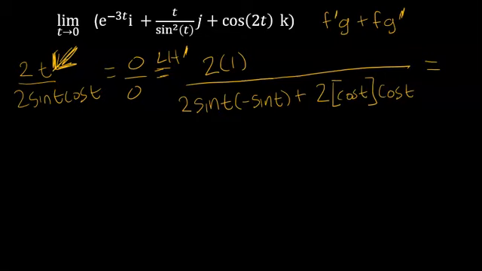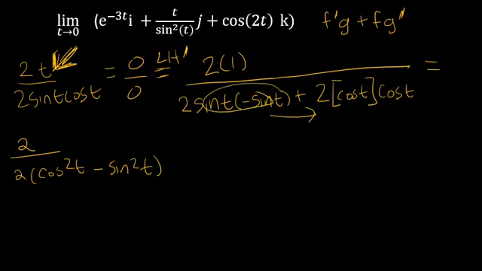Yeah, cosine, cosine. Okay, so now let's clean it up. I usually do. So I have 2 cosine t minus sine t squared. I moved this to the back because there's a negative right here, so I thought it'd be easier visually for us to see.